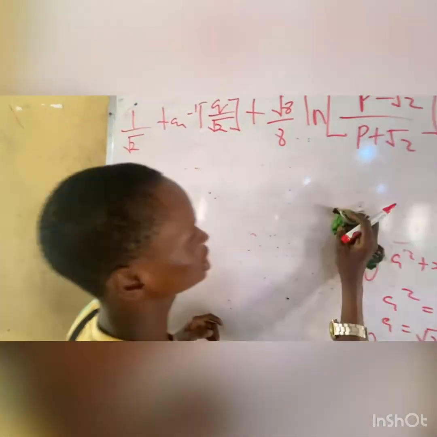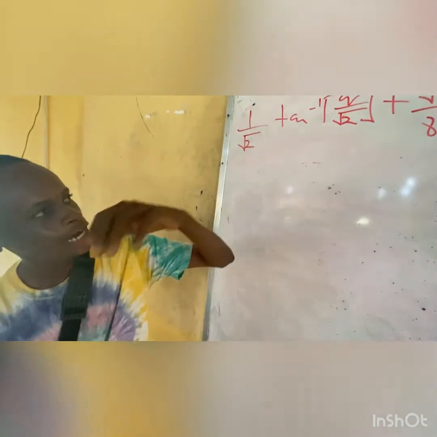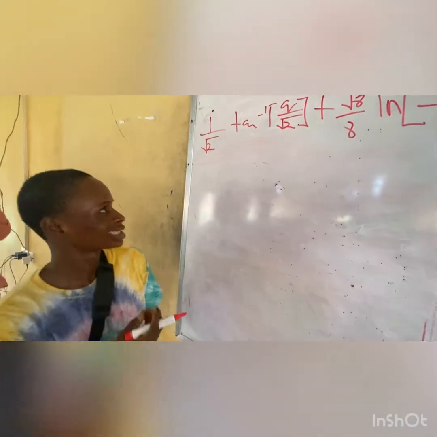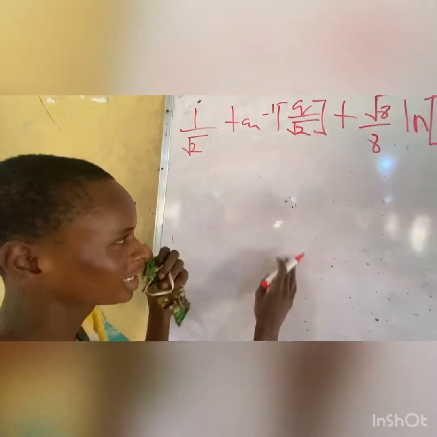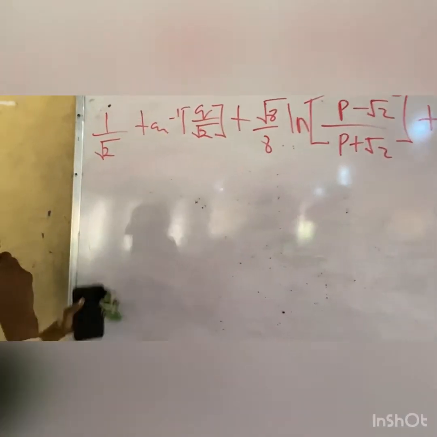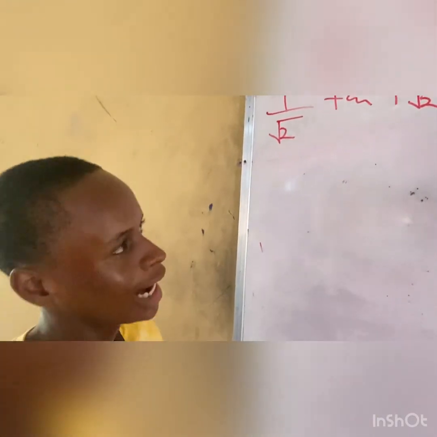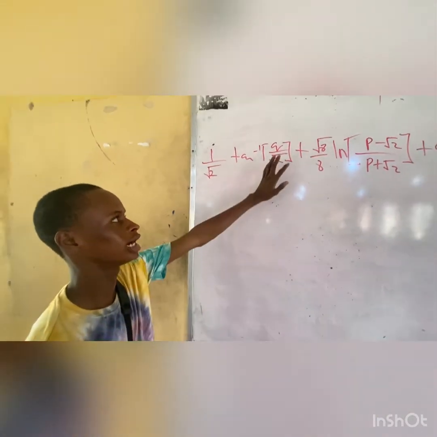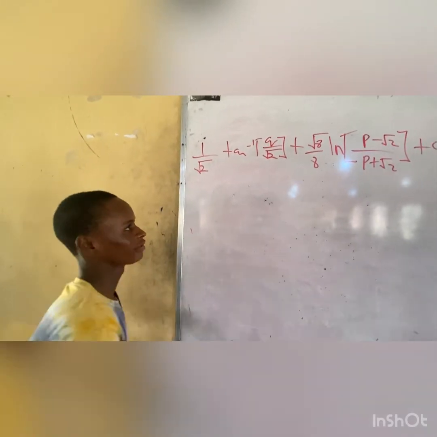Now to conclude everything, if you recall, the value for Q and the value for P are different. This is our final answer, but don't forget we have a specific value for Q and a specific value for P as well.